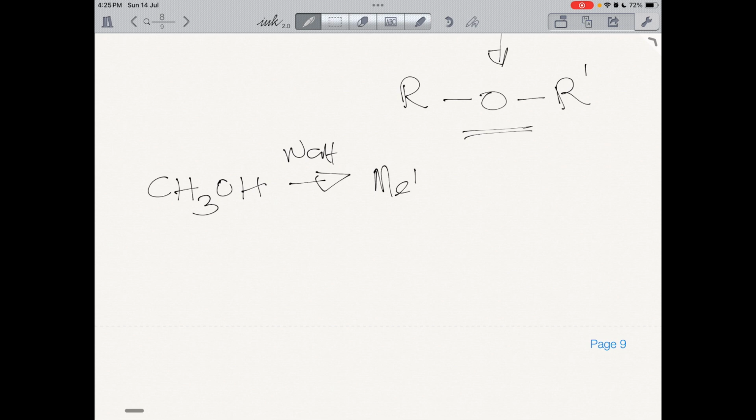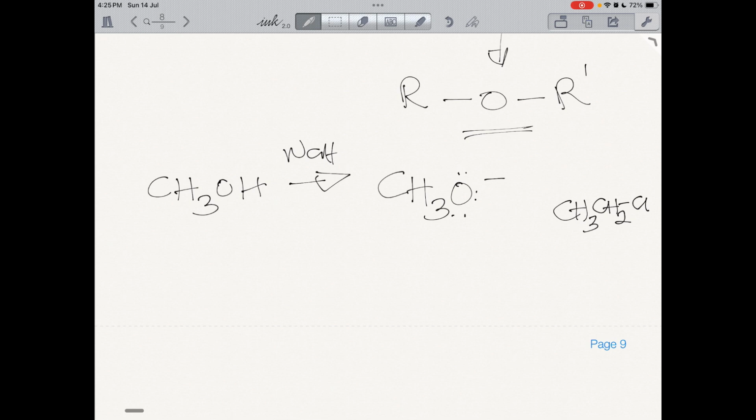The alkoxide will be methoxide. Is that okay? Yes. Minus, right? Okay, so if I now bring ethanol to the side, CH3CH2Cl.